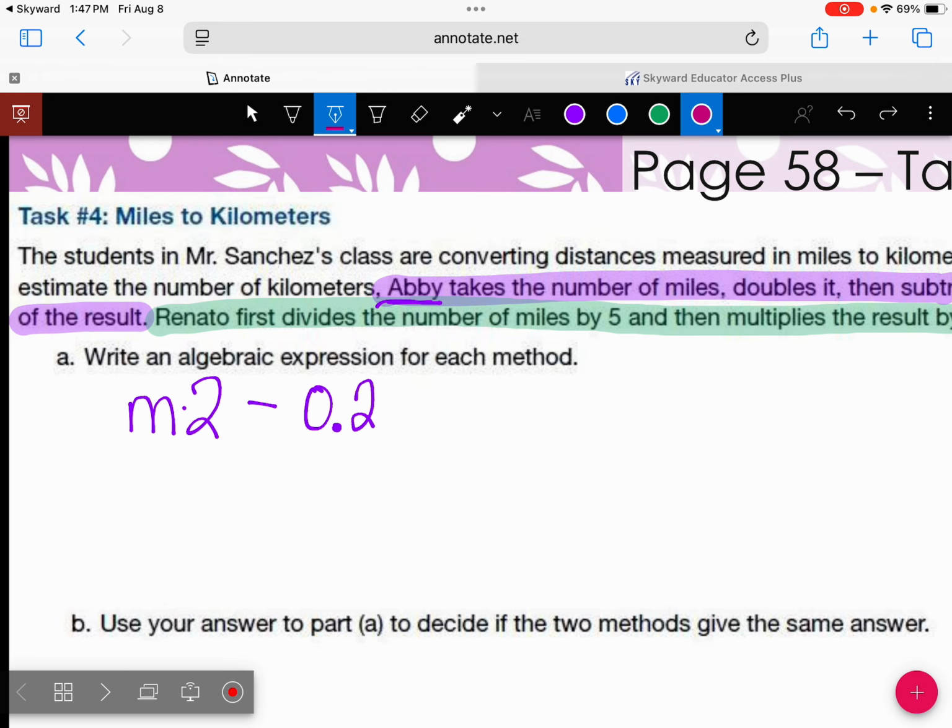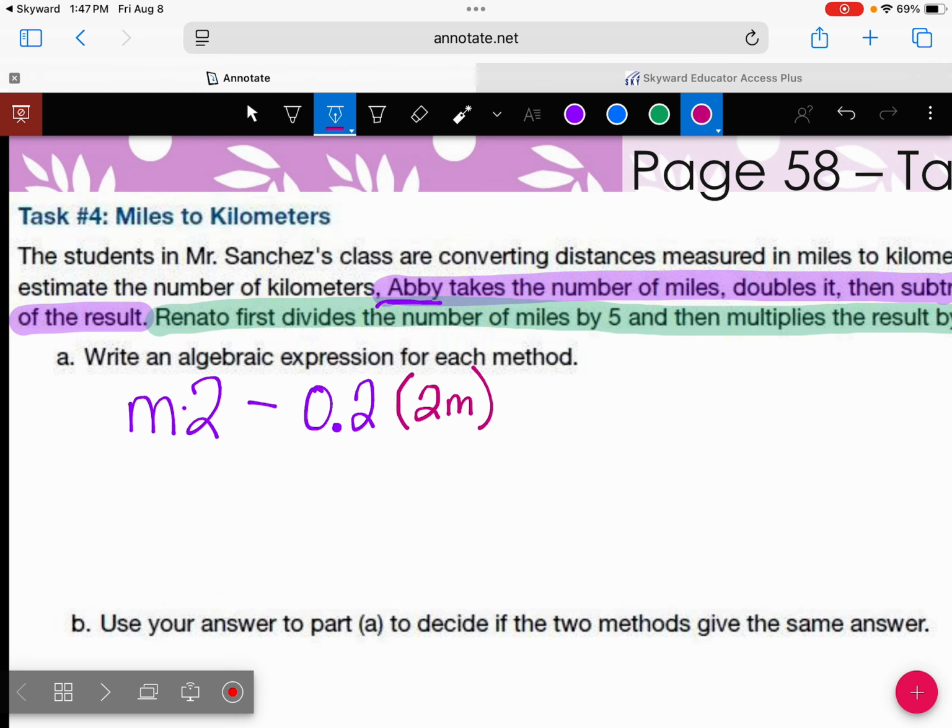She subtracts 20% of the doubled number of miles. So she's subtracting 20% of 2m, or m times 2. So the way we mark it so that we take that result is our 2m, or m times 2. Genuinely, again, I do not care how we write it. So this is what she seems to be doing. Takes your miles, doubles it, and subtracts 20% of the number she got.